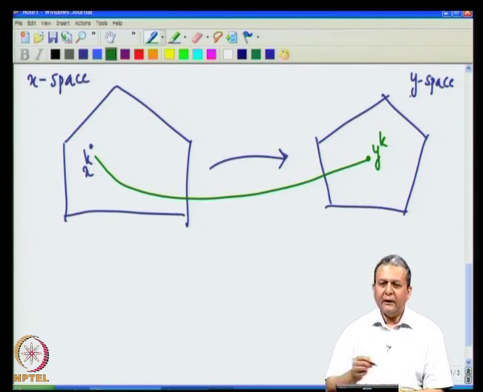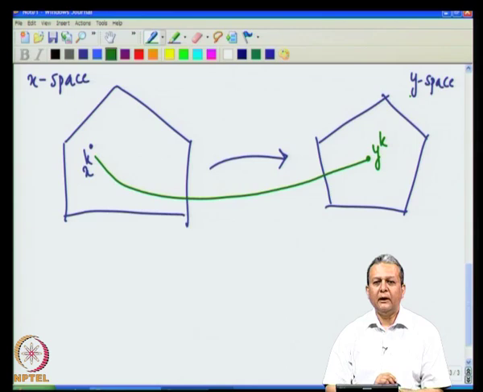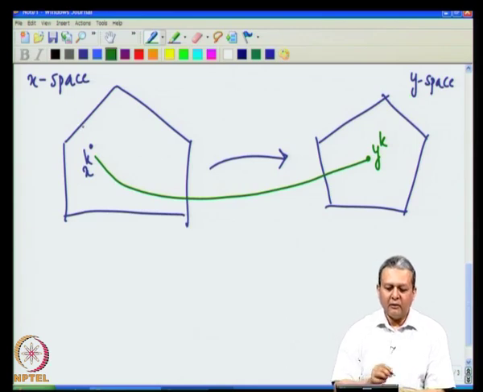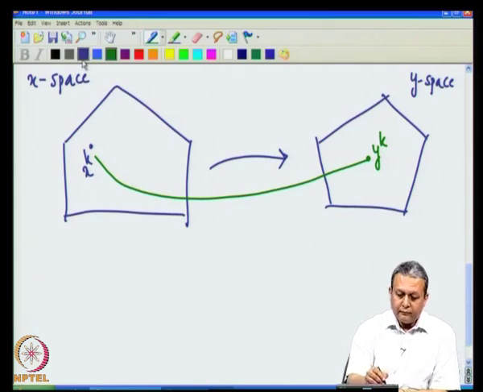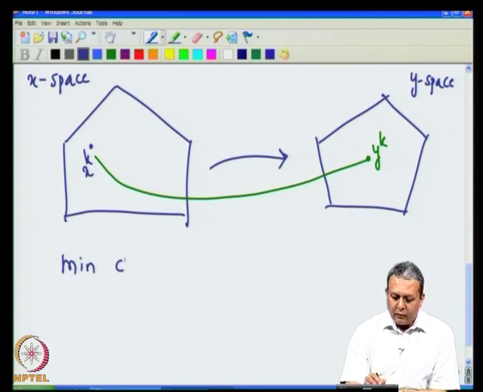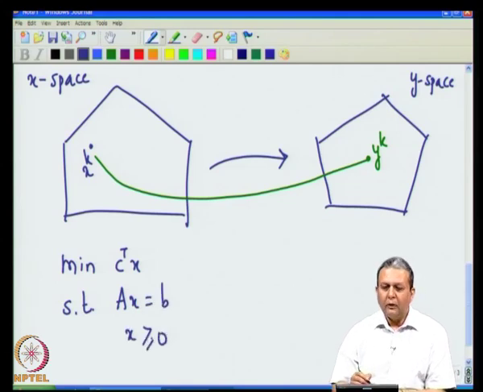Now, in the y space, we will need a direction to move, because in the original space the problem was to minimize C transpose x subject to A x equal to b, x greater than or equal to 0.